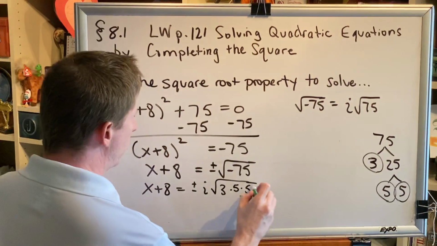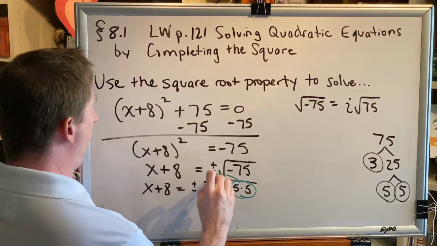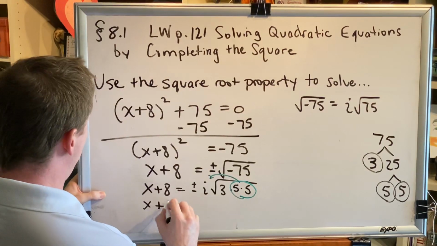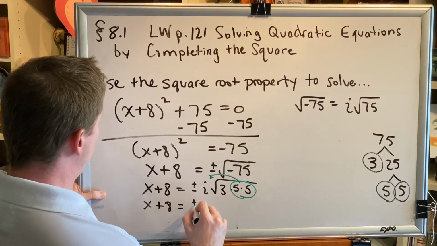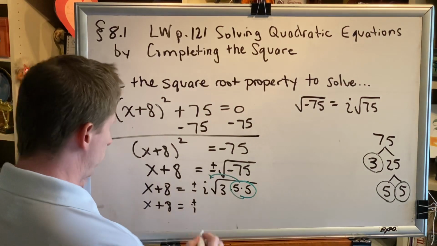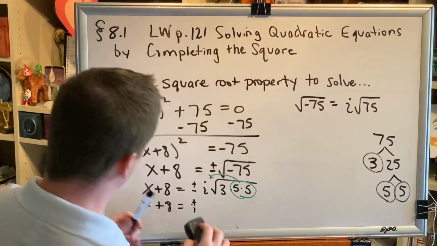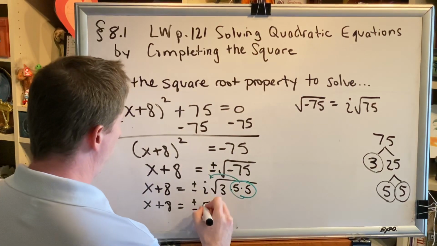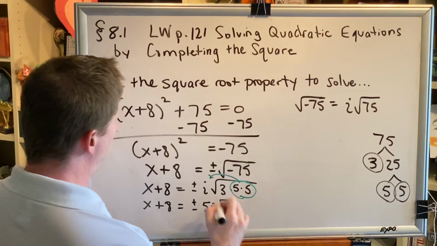Each group sends one representative out to multiply. So we get x plus 8 equals plus or minus 5i square root of 3.